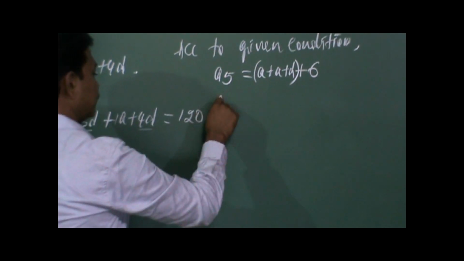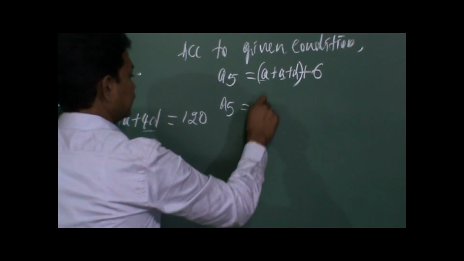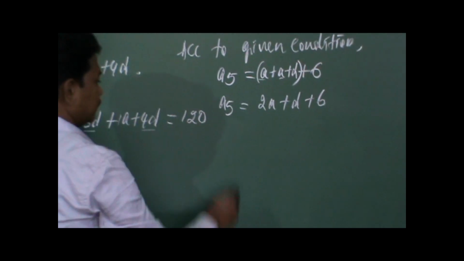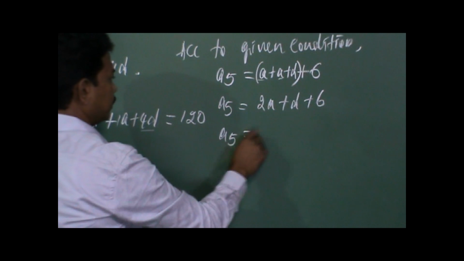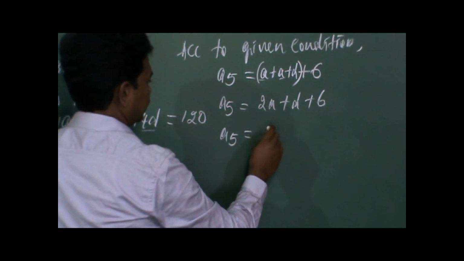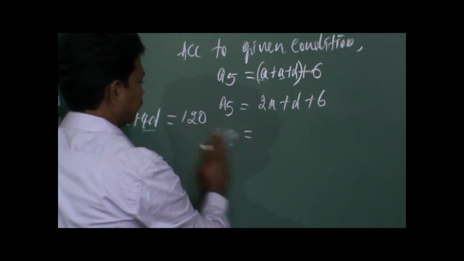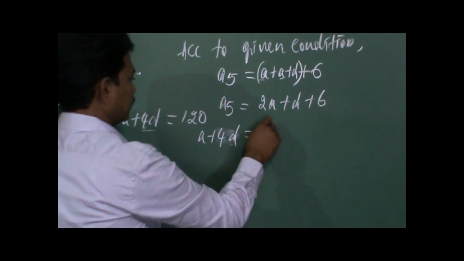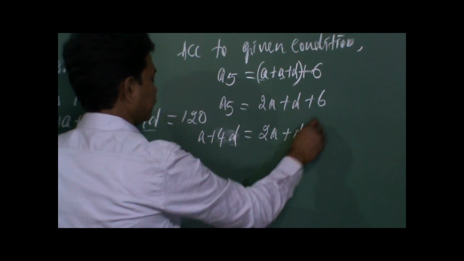So A5 is equal to A plus A, which is 2A, plus D plus 6. A5 is A plus 4D, so A plus 4D is equal to 2A plus D plus 6.